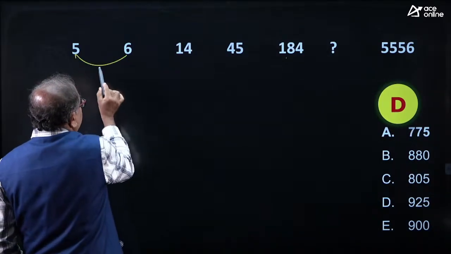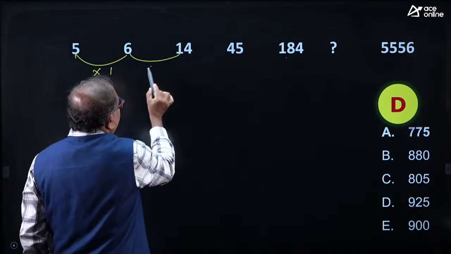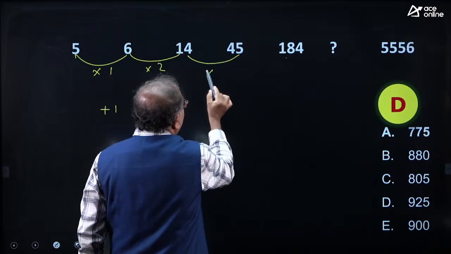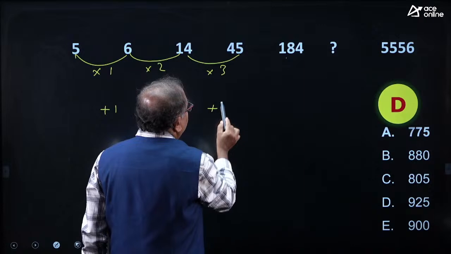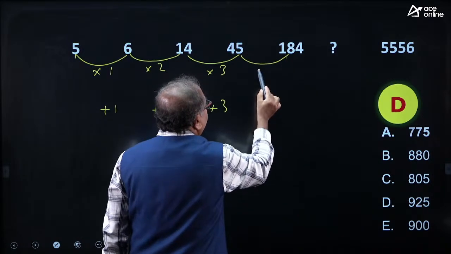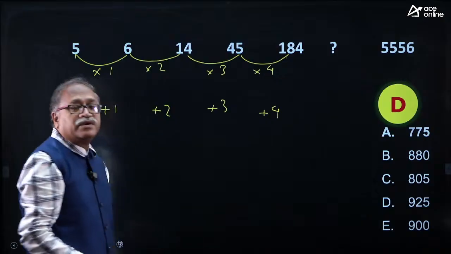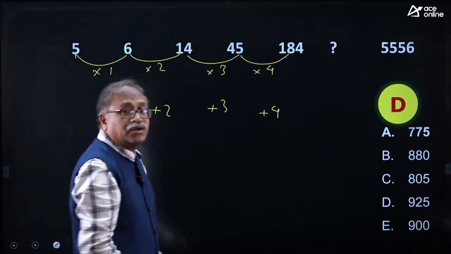So, when multiplication comes to my mind, so into 1 plus 1. Now, I will go for into 2 plus 2. I will go for into 3, that is 42 plus 3. Now, will it be into 4 plus 4? Yes, 45 into 4 is 180, and plus 4, 184.